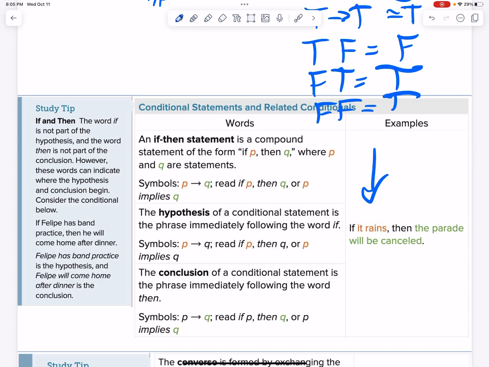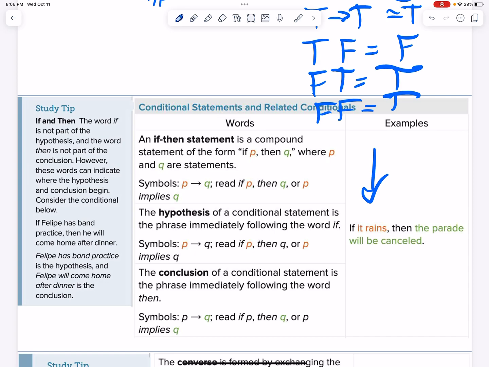The conclusion is the parade will be canceled, in green. So the hypothesis, again, is not the if part, it's just the part that's in orange. You can see that there. Make some sort of indicator that it's not the if, it's the stuff that follows the if. So if it rains, then the parade will be canceled.